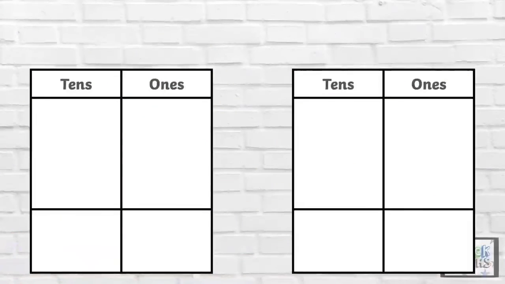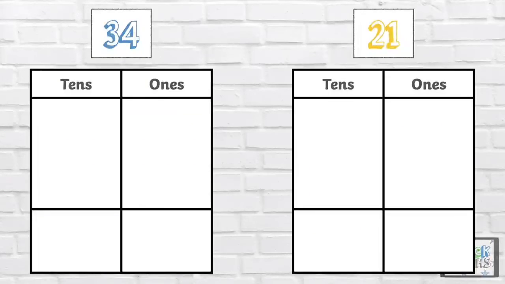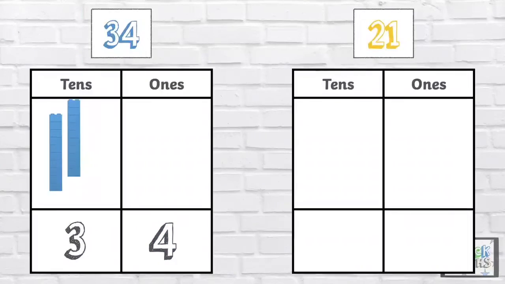Grids to help us compare numbers. Here are 2 numbers. Which number is greater? The number 34 has 3 tens and 4 ones. 10, 20, 30, 31, 32, 33, 34.